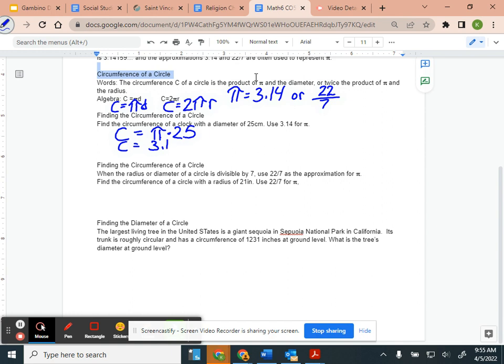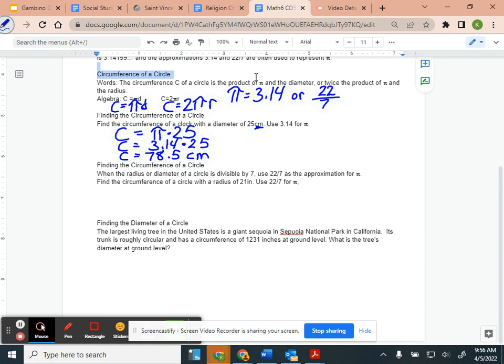So 3.14 times 25. So what is 3.14 times 25? Nick? 78.5. 78.5 centimeters. Make sure you put that measurement on there so we know just how long it is. So it is 78.5 centimeters all the way around the clock.